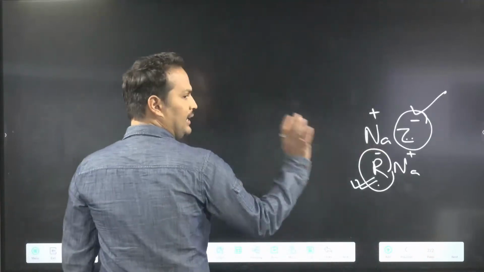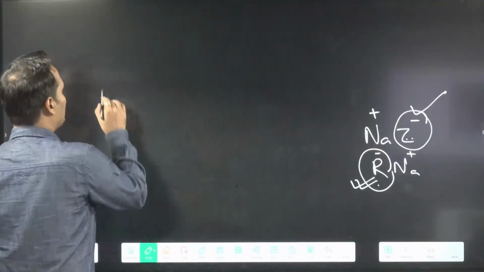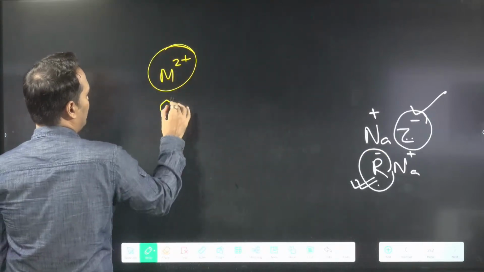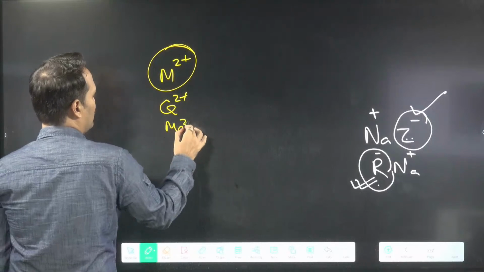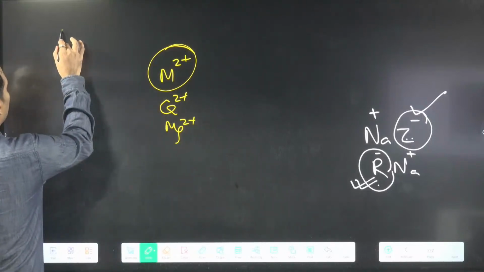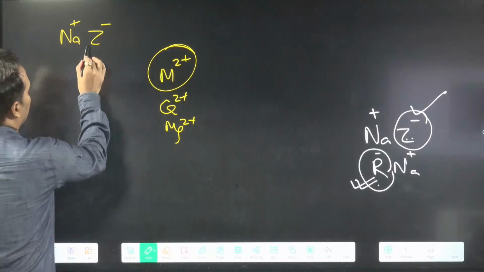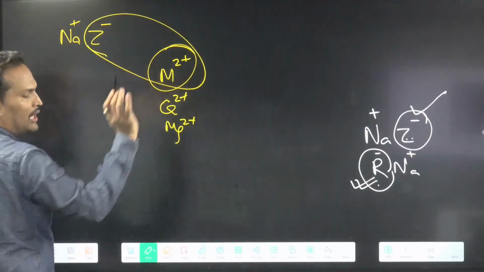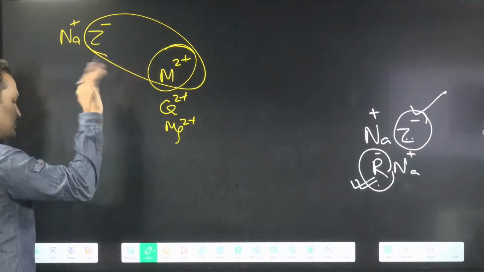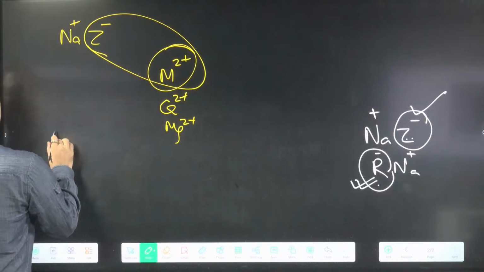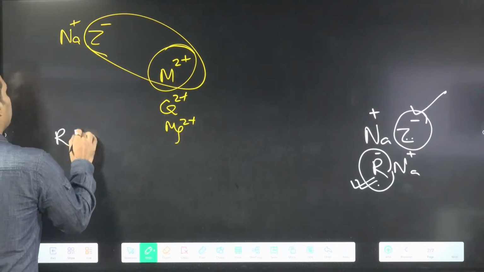What was happening till now, I am writing both the reactions in summarized form. M2 plus was the problem. What is M2 plus? Calcium 2 plus or magnesium 2 plus. In the first method, I added NaZ, Na plus Z minus. This Z minus will combine with it, precipitate, gone. In the other case, I am taking RNa.